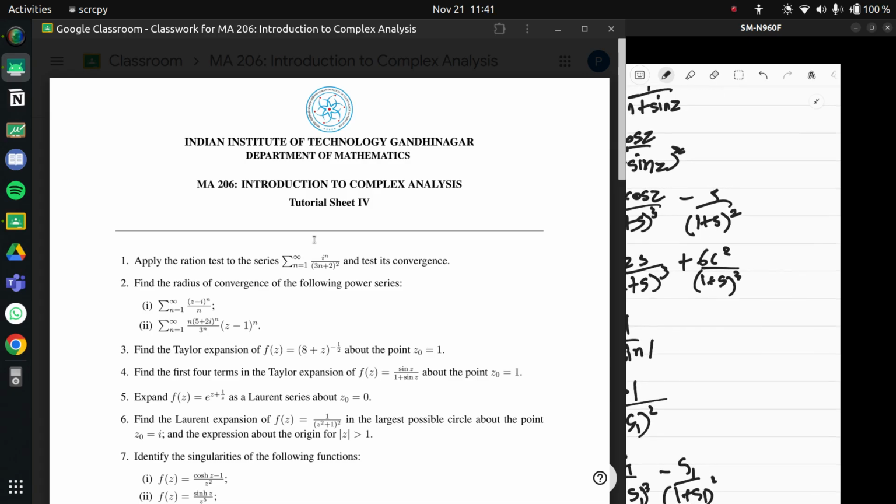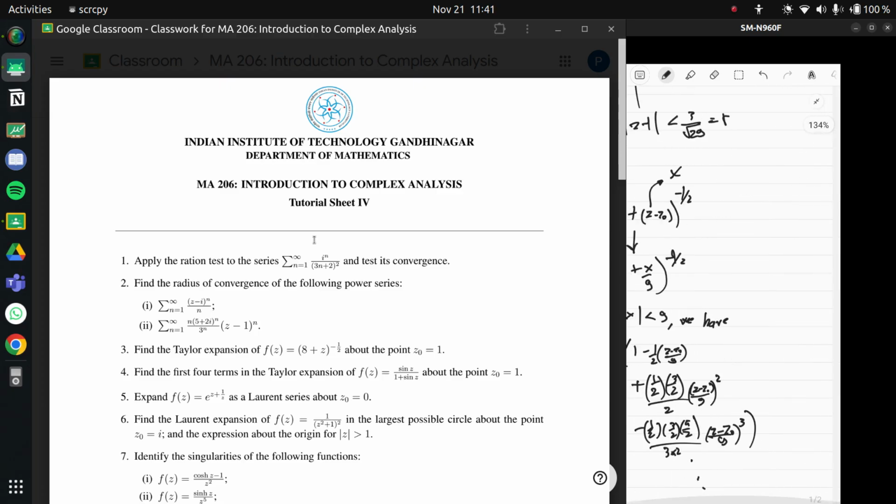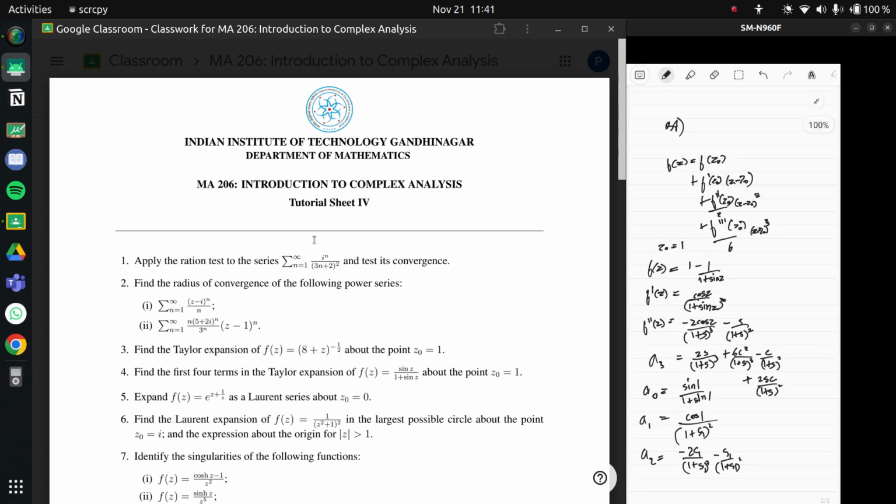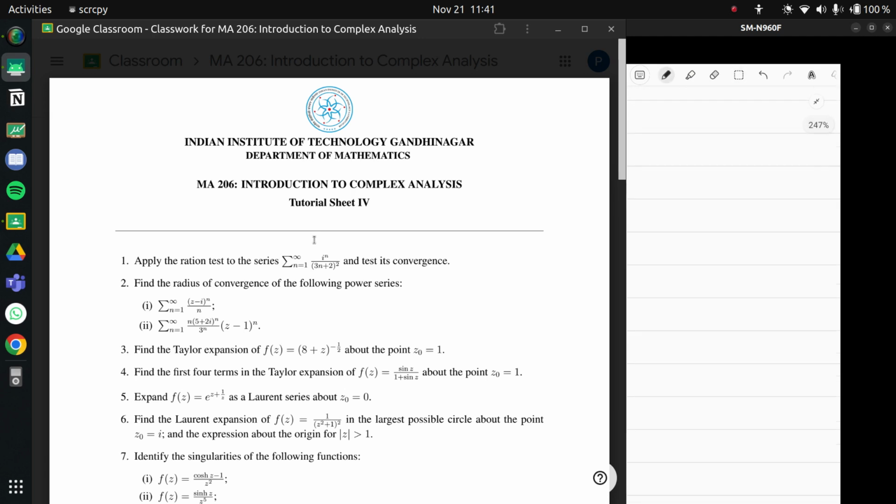This guy's derivative is minus cosine plus sine squared. Whatever this thing is going to be, that's our a sub 3. I don't want to figure out what this value is, I'll just leave it like that. Cool, that's question number 4.